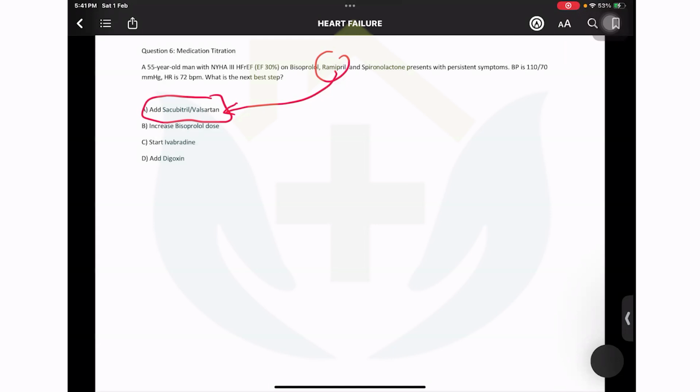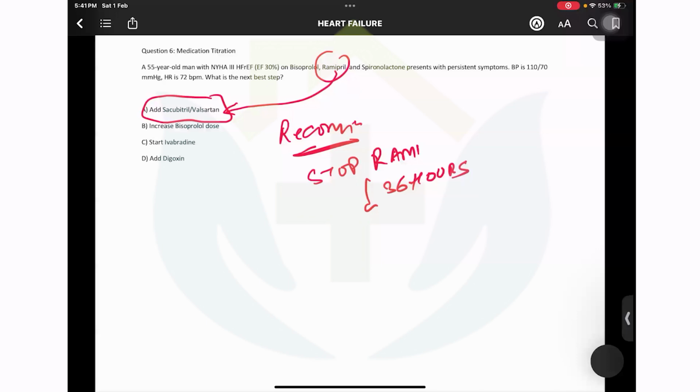As the recommendations go, I have to stop Ramipril, wait for 36 hours, and then give ARNI.